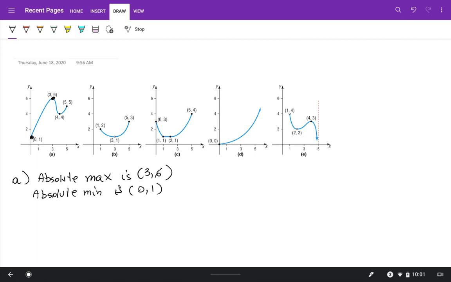Now let's talk about local maximum. To review, that's the point where the graph switches from increasing to decreasing. So point (3, 6) is also a local maximum, because here the graph switches from increasing to decreasing.